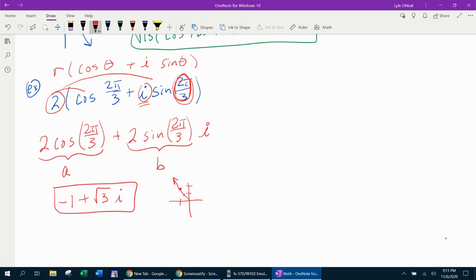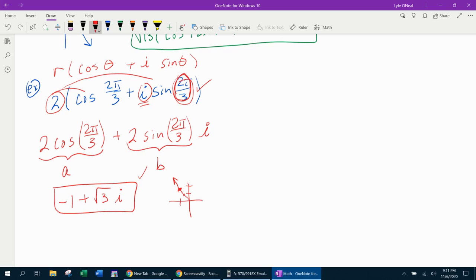And the radius is 2 units, 1, 2. So if I look at plotting this angle and then plotting this rectangular complex number, they're going to plot in the same spot. And that means that I've got the right dot.